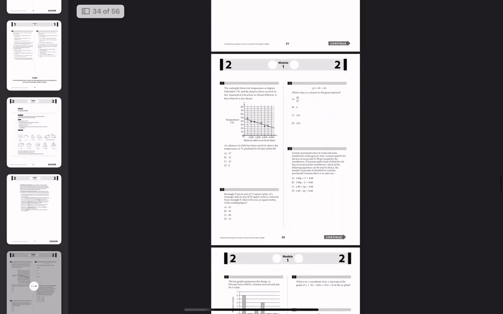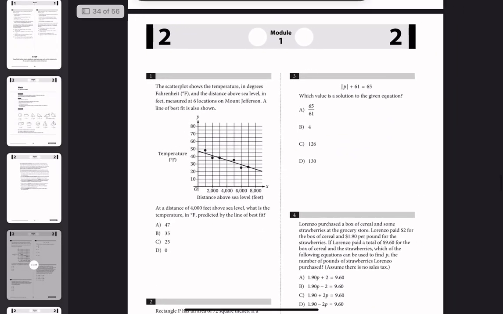We have the scatter plot showing the temperature in degrees Fahrenheit and the distance above sea level in feet measured at 6 locations on Mount Jefferson. A line of best fit is also shown. So looking at the graph, at a distance of 4,000 feet above sea level, what is the temperature in Fahrenheit predicted by the line of best fit?